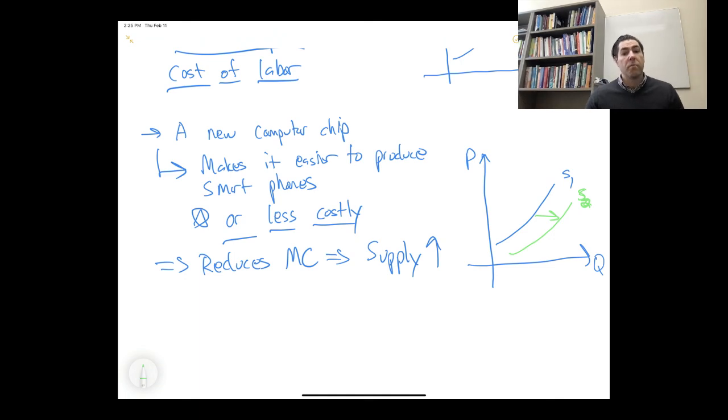So there we go. So we've handled the first two of those. In the next video, we'll walk through the remaining things that shift the supply curve, and then we'll ultimately be able to piece this together.